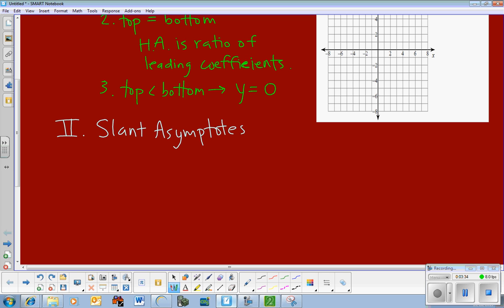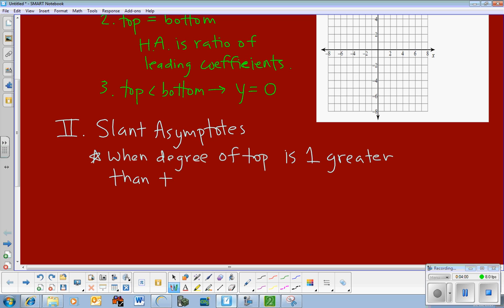This is going to occur when the degree of the top, I know it's not very math teacher-like to use the words top and bottom instead of numerator and denominator, but I want you to be able to remember this. So when the degree of the top is 1 greater than the degree of the bottom.